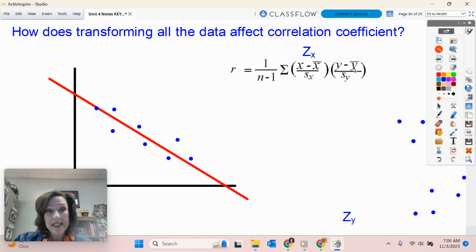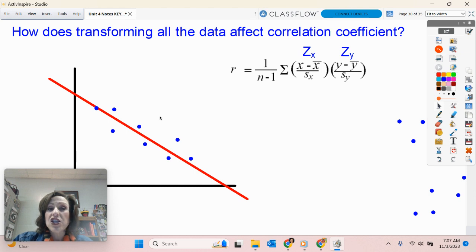And y minus the y mean over the standard deviation of y gives us the standardized y value, that variation away from what's expected. Then there's the product, summing, and dividing by n minus 1 since we've got samples. The standardization is a multiplication factor, and we'll look at how those standardized distances from the mean change.